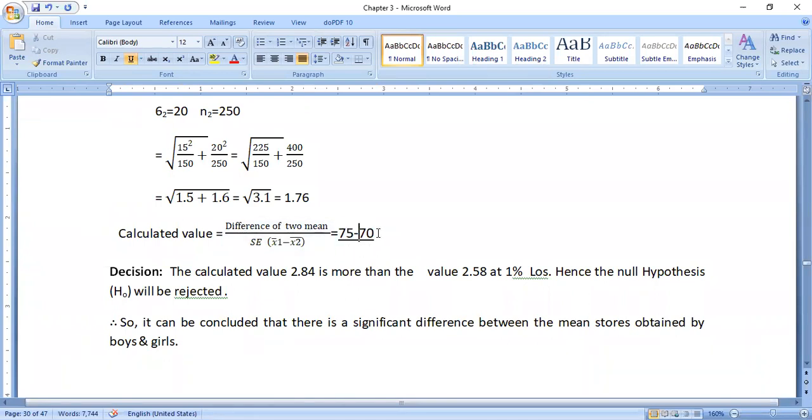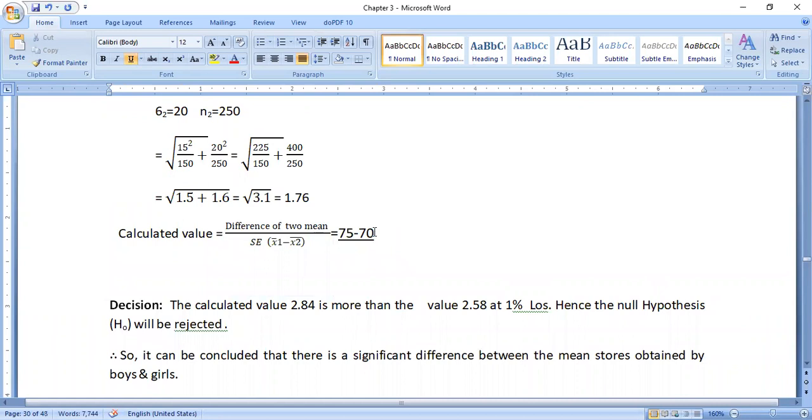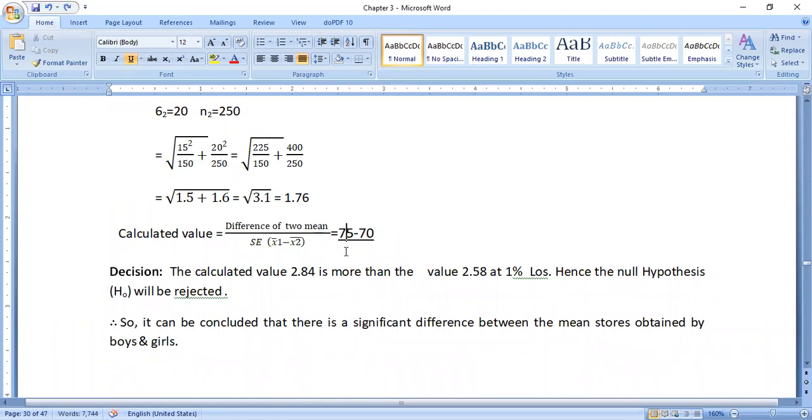We already got that value, 1.76. So it is equal to 5 divided by 1.76, since 75 minus 70 means 5.